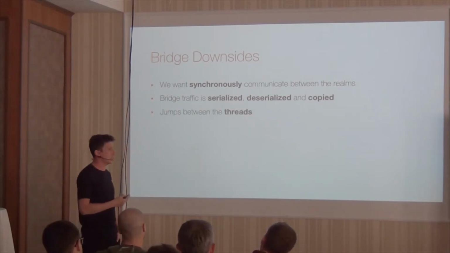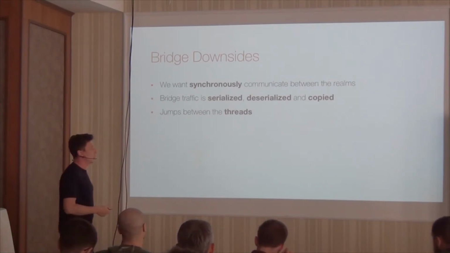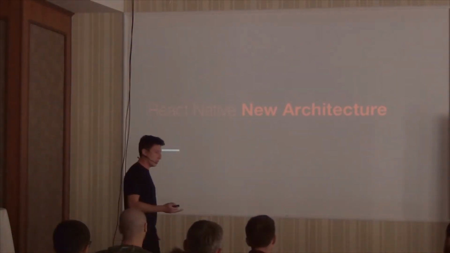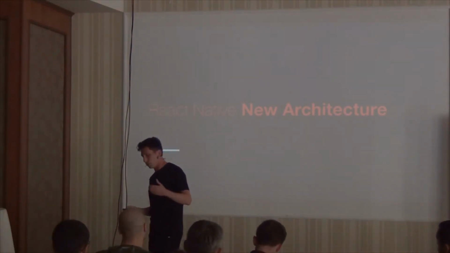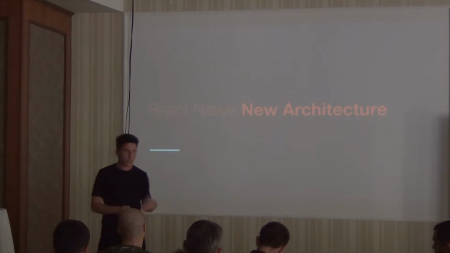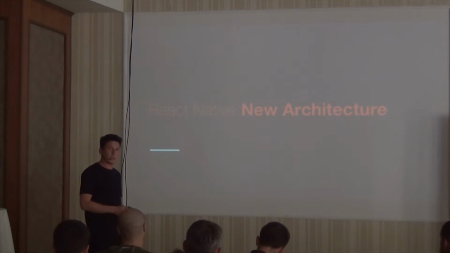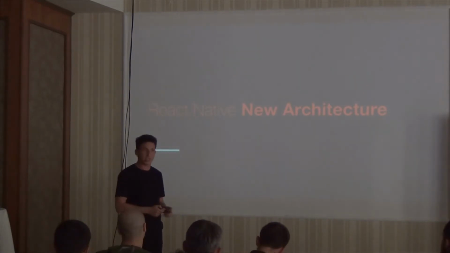And the third one is jumps between the threads that we don't actually need. So the React Native team decided to write a new architecture to overcome these issues. Now we will go over the new architecture that is currently being developed, but it's already in the master of React Native, and it's half working. It's toggled off with a feature toggle.